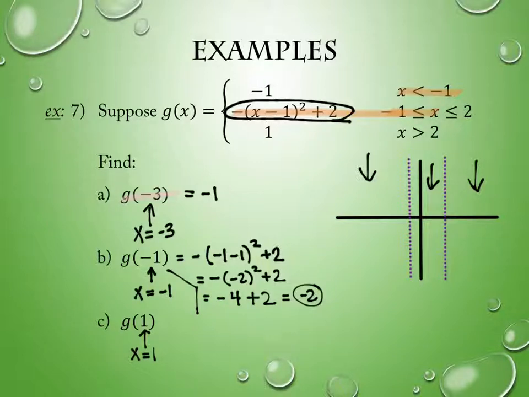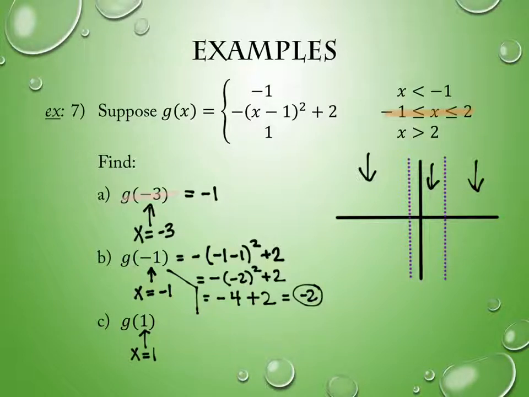Because x is greater than or equal to -1 and less than or equal to 2, so that falls in the middle. Yeah. These are values that are between -1 and +2. Well, that's where the number 1 is. So we're only comparing it to the right side. The right side tells you which part of the equation to use.